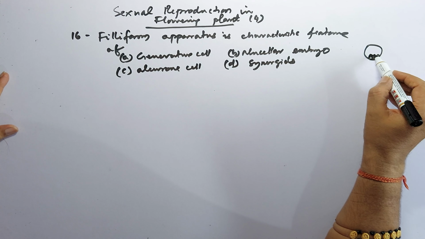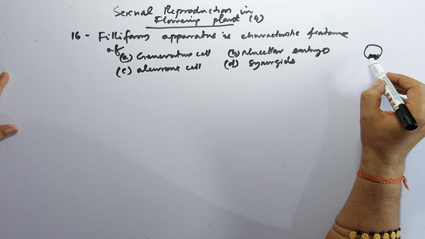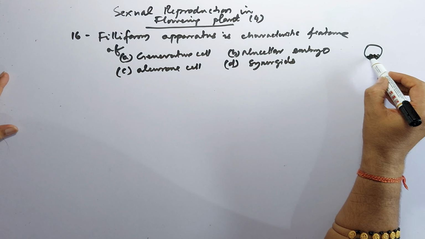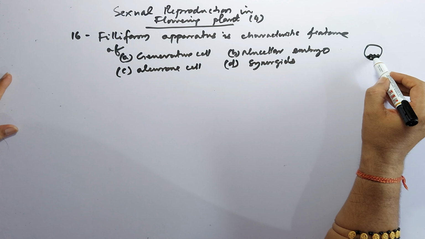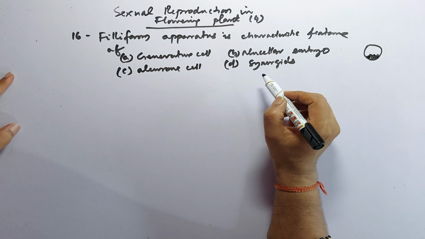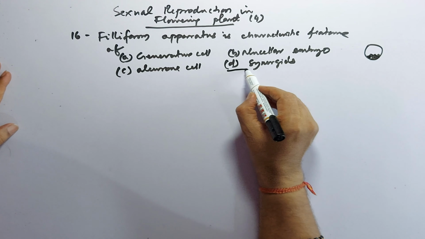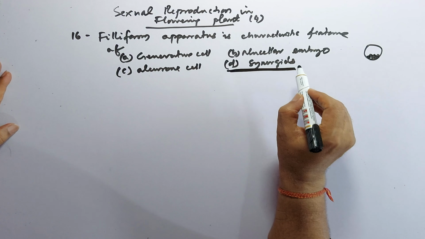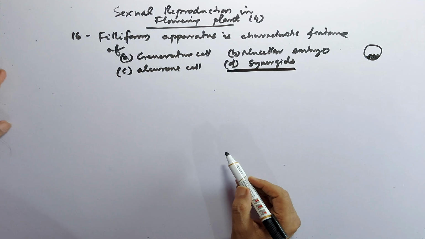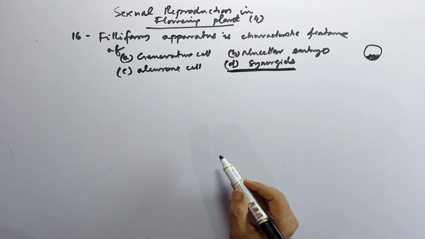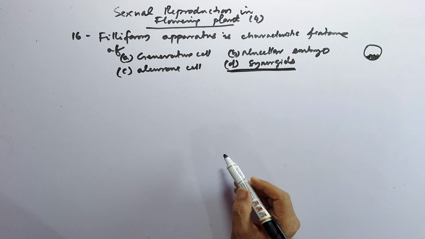The two synergids and the egg form the egg apparatus. The synergids possess this filiform apparatus, which guides the male gamete to fuse with the ovum. So the very clear answer is synergids. This is the embryo sac, which we have already discussed in our previous videos.